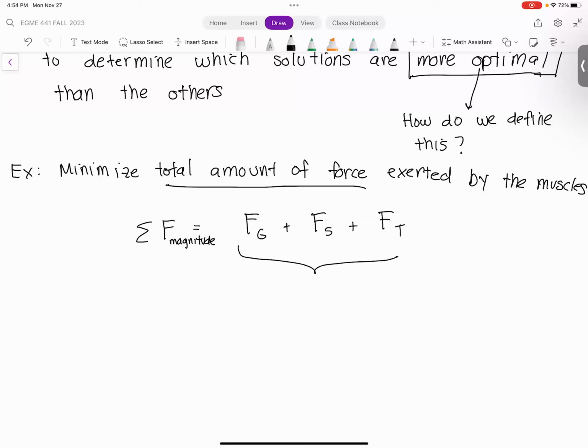And what the objective function is going to do, or what the optimization algorithm is going to aim to do, is find optimal solutions that satisfy the constraints and minimize this particular function.